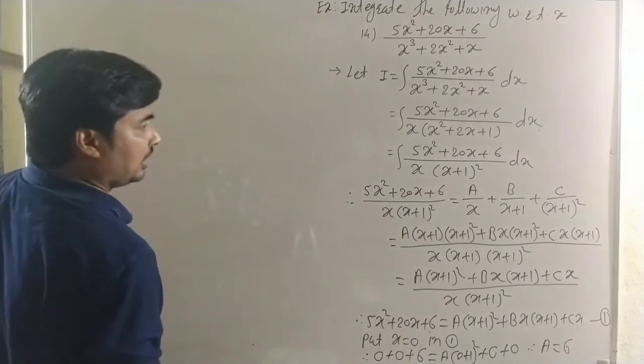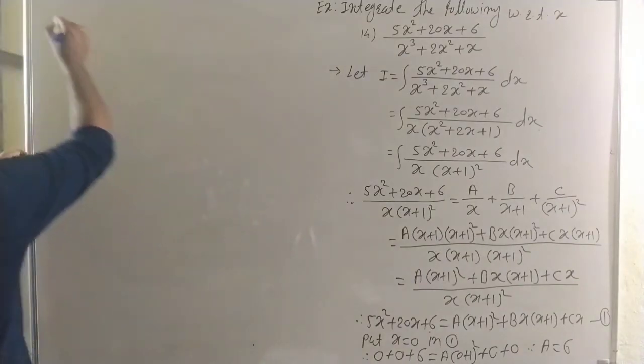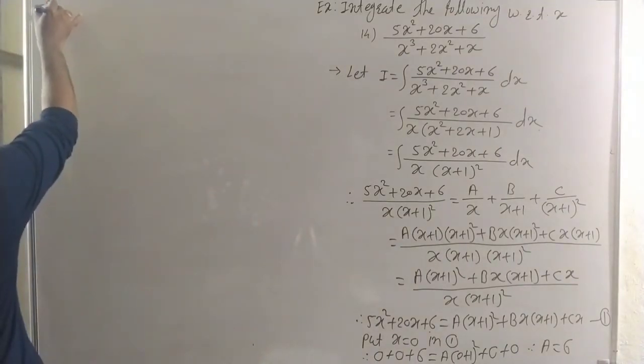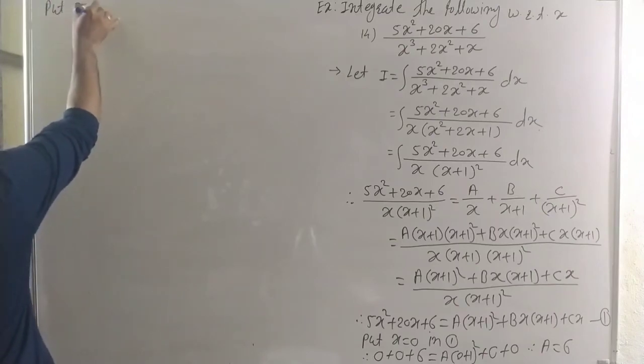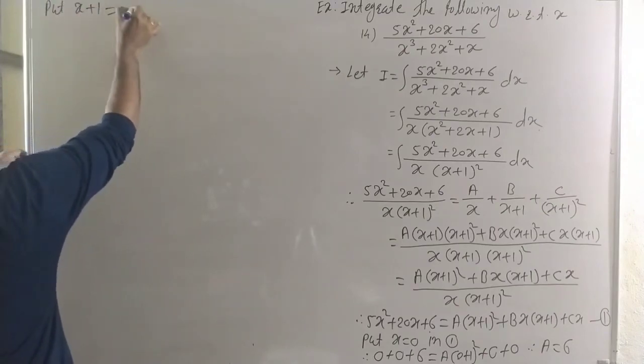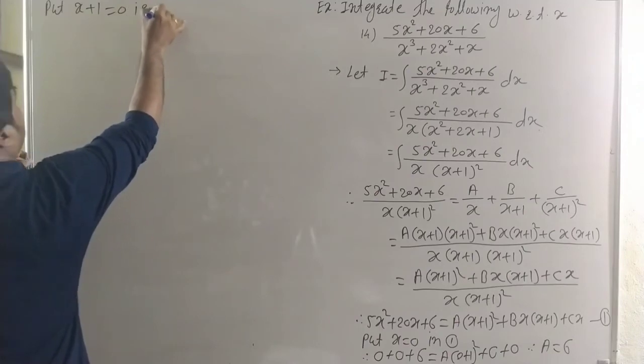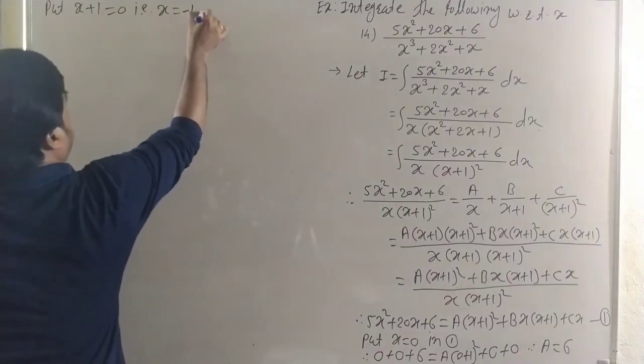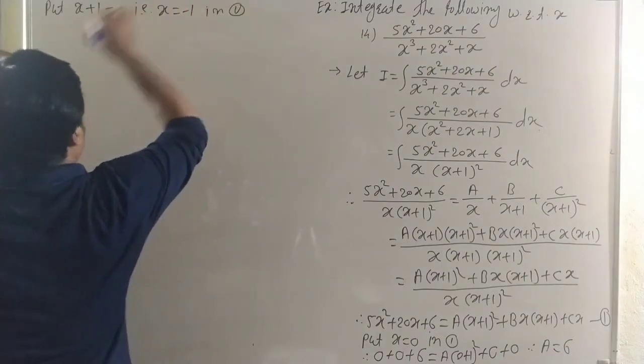Now we put x + 1 equal to 0, that is x equal to minus 1 in equation number 1.